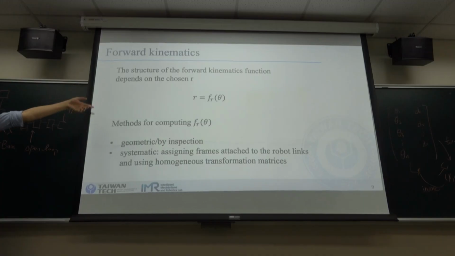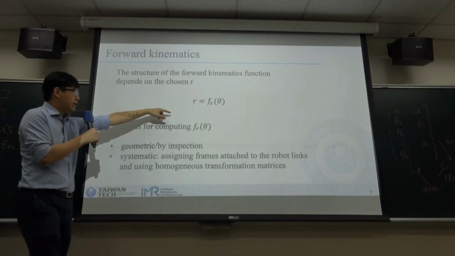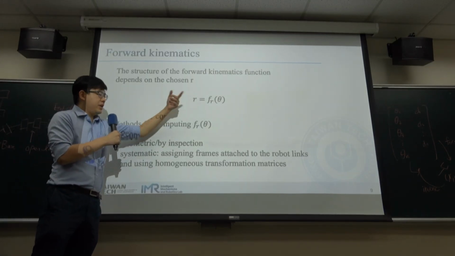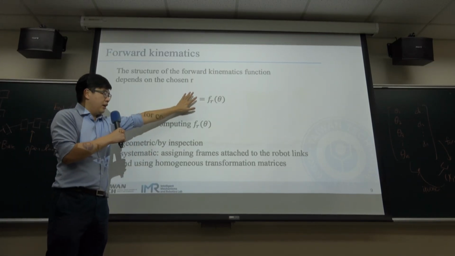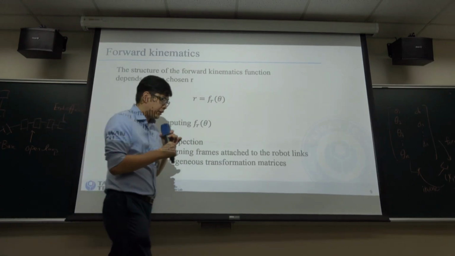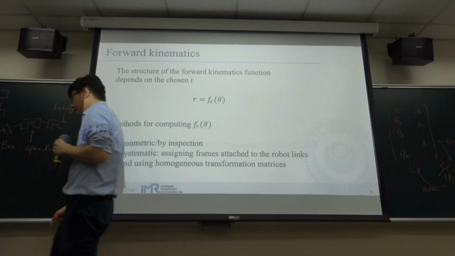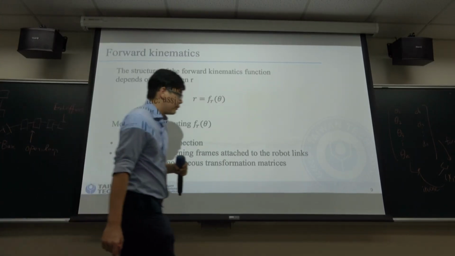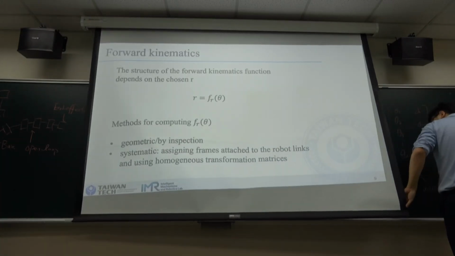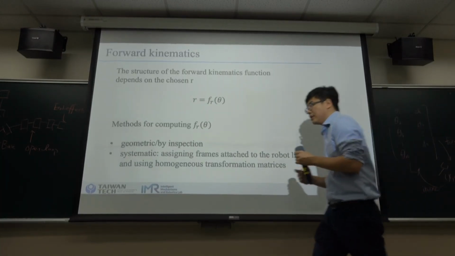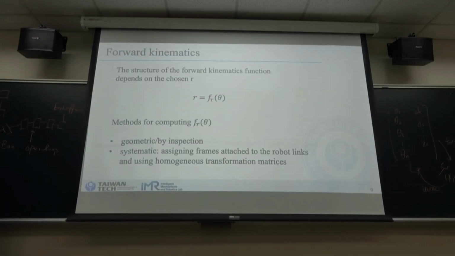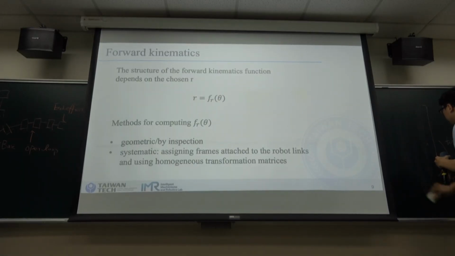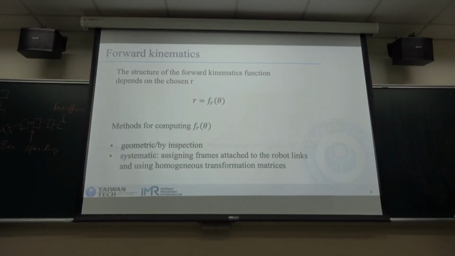We can use this equation as the forward kinematics function, and the R means the configuration of the end effector.